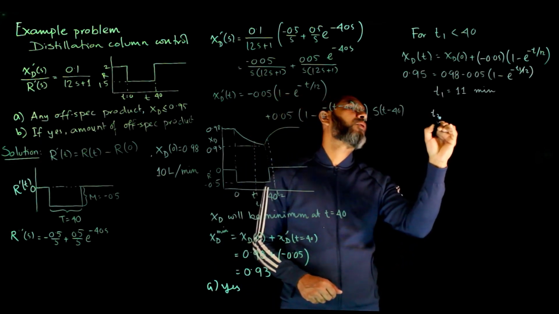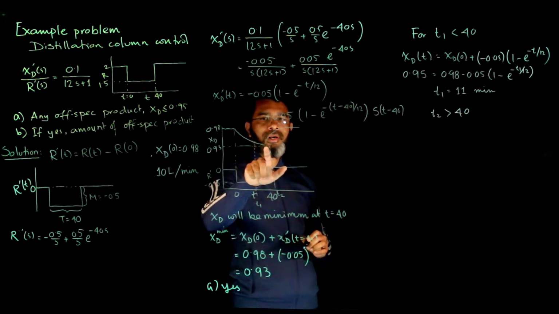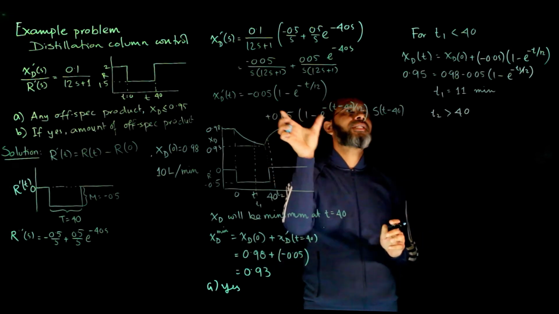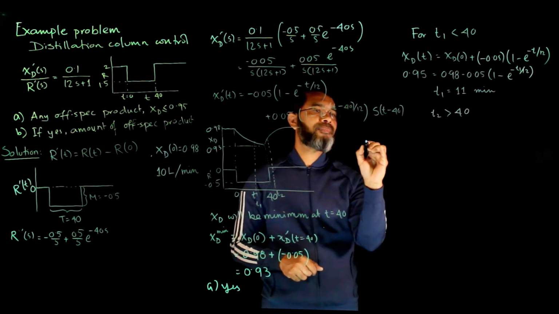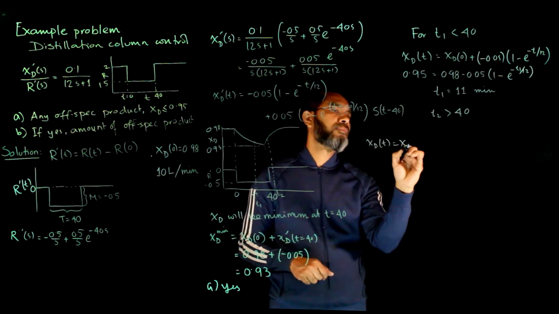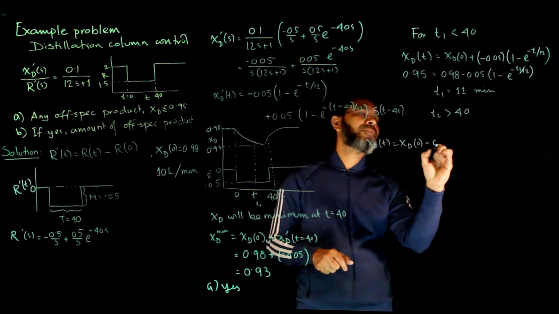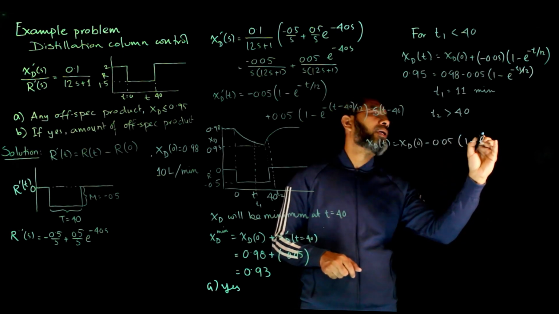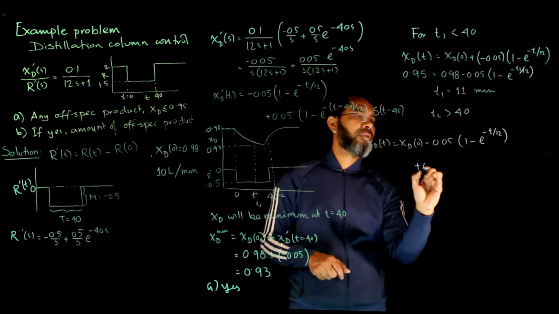So now finding out the value for t2. For t2, we see that it went to 0.95 to 0.93 and came back. So we have the expression for that. We have to use the entire expression for this case. So for t2 greater than 40, we have xd and the entire term negative 0.05 1 minus e to the power, plus.